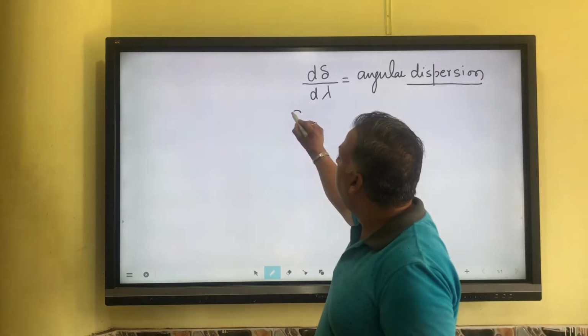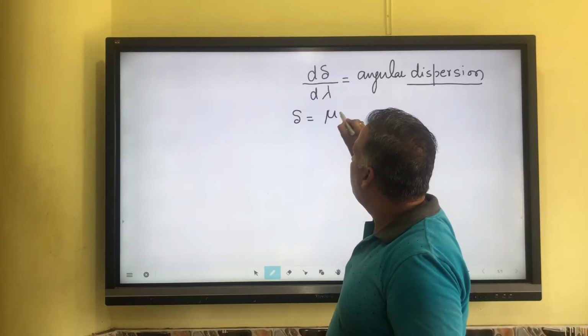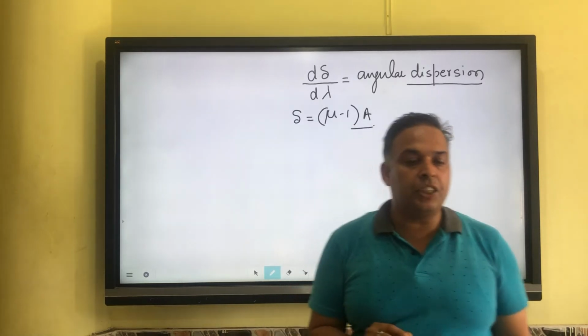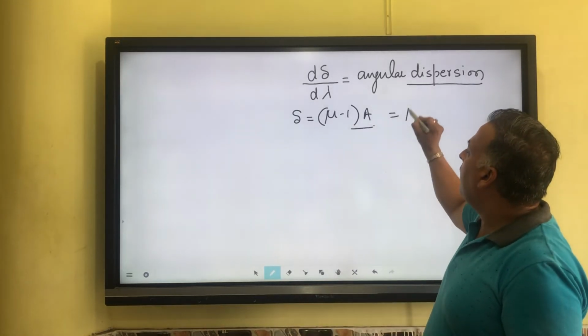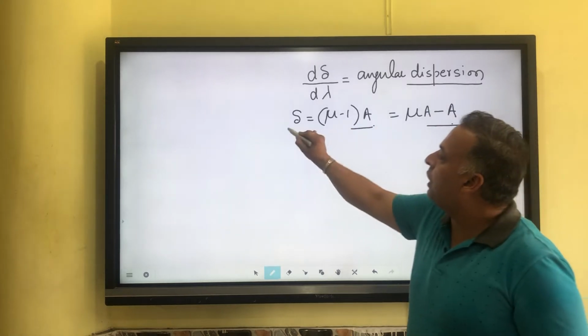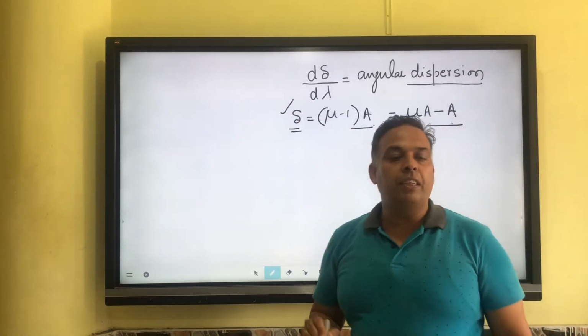The deviation we call (mu minus 1) into A, or you can write it as mu into A minus A, equal to the angle of deviation.